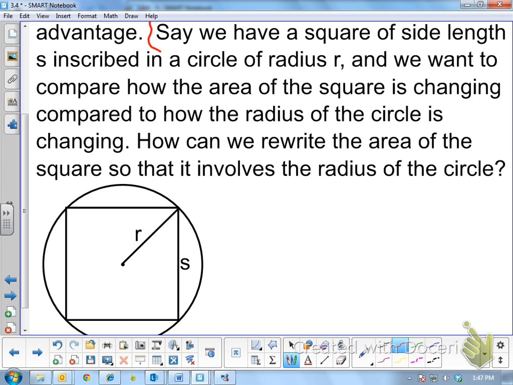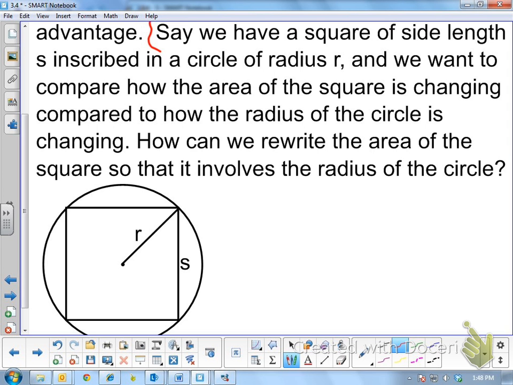So you guys know what inscribed means, right? It's inside, and it's actually touching the edges of the outside shape. Like if I just drew a random square in here, not inscribed, it's just inside a circle. Inscribed means they've got to be touching somehow. Circumscribed means it's the outside shape.